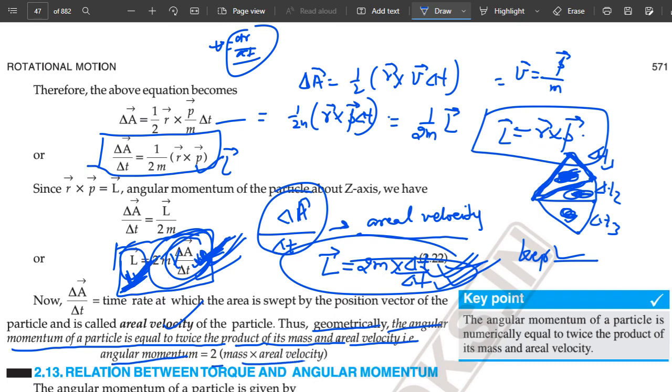Again, this is a very important expression in rotational motion.